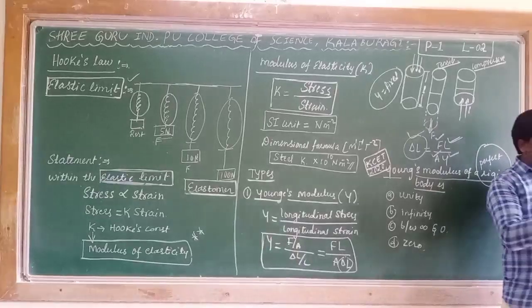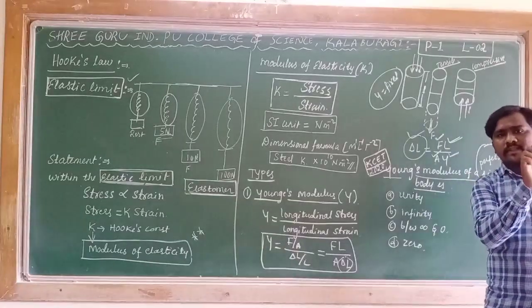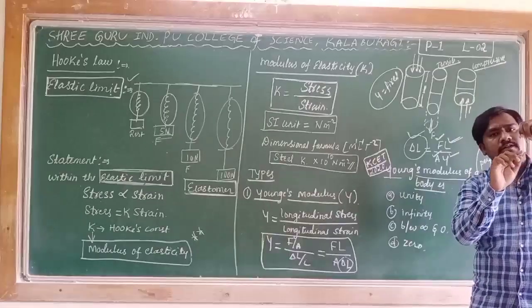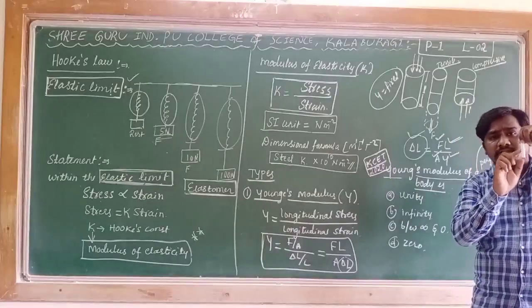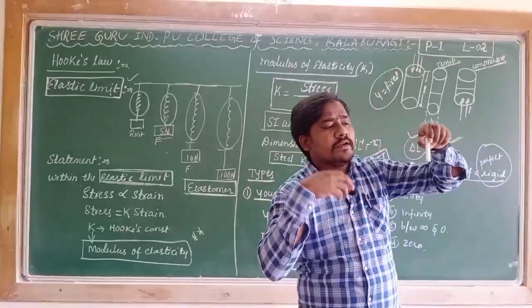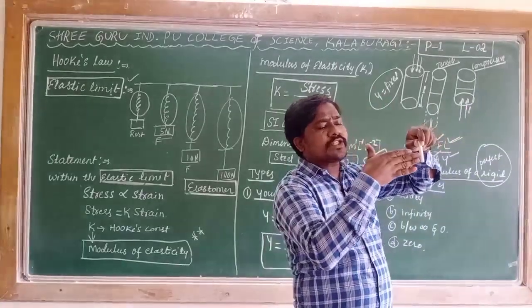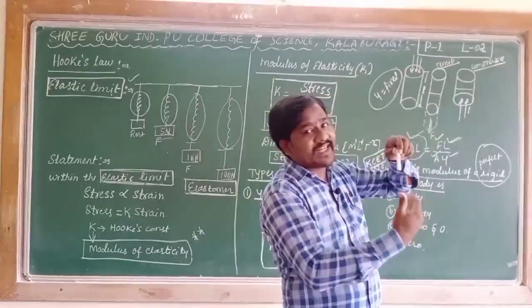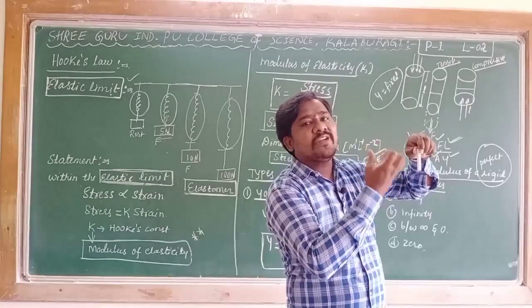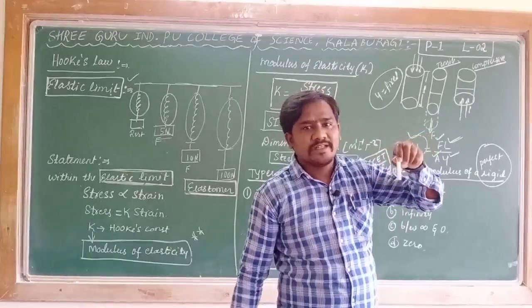Listen here, we can apply a stress on this chalk. This chalk penetrates certain force. That force, or this stress we applied on this chalk, is not going to convert as strain. We applied a stress, but it is not going to gain a strain.